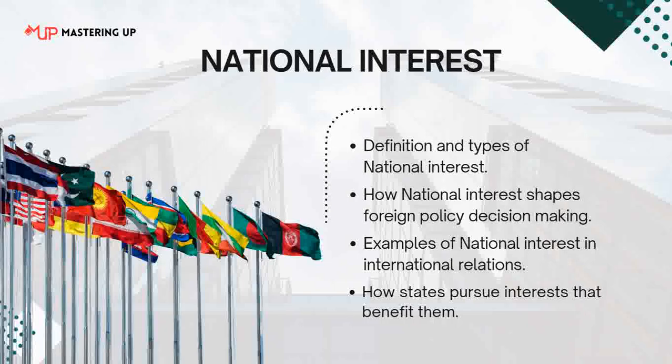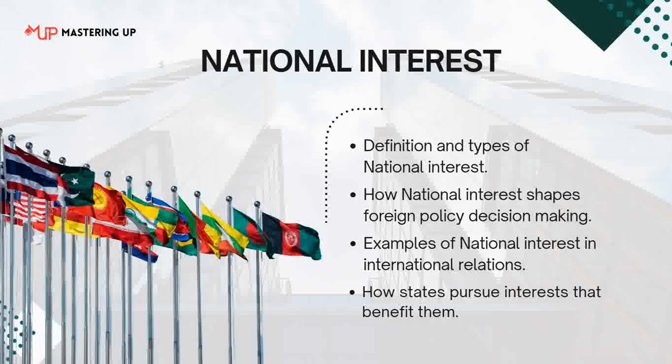So then we ask, how do states pursue their interests and how does this interest actually benefit them? States pursue their national interests through different means. This could be through diplomacy, through economic coercion, through the use of force, through military power, through international institutions, and through different other means. States also enter into alliances to pursue their national interests.